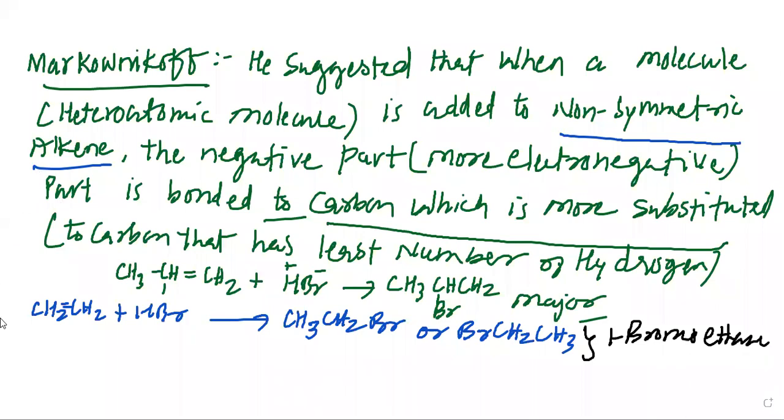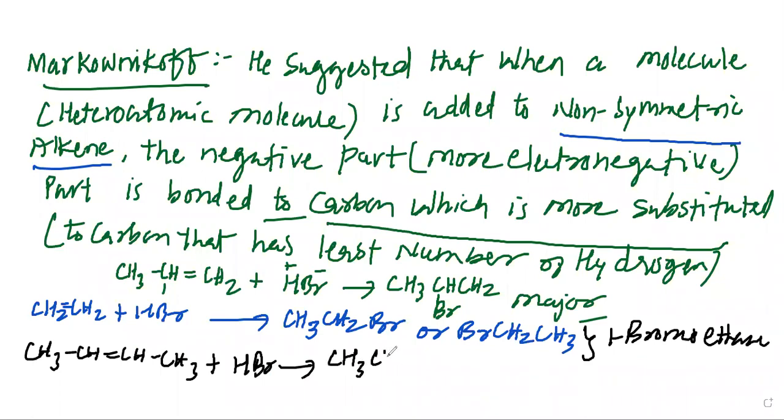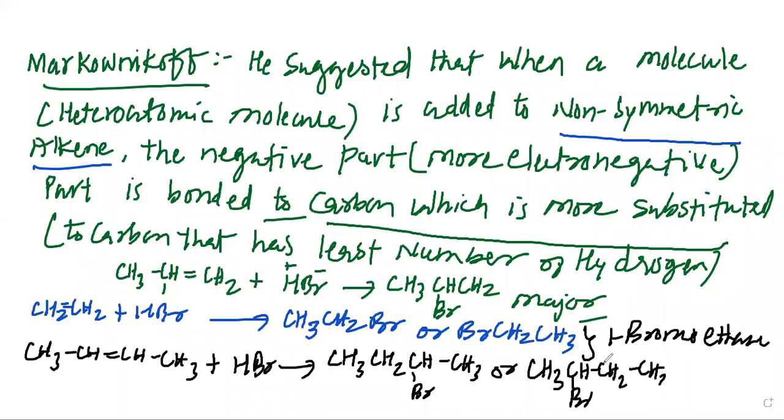Same way, my dear students, if we take another example, CH3 CH double bond CH CH3, and if we add HBr to it, we can get CH3 CH2 CHBr CH3, or we may get CH3 CHBr CH2 CH3.